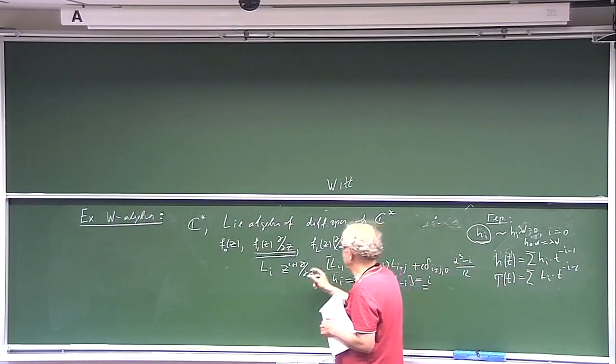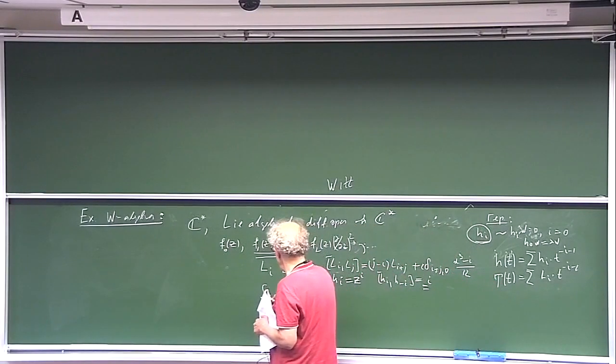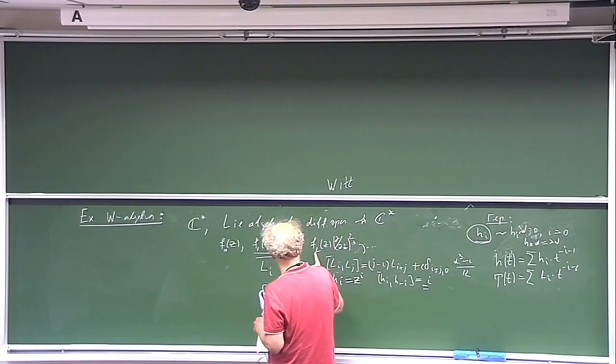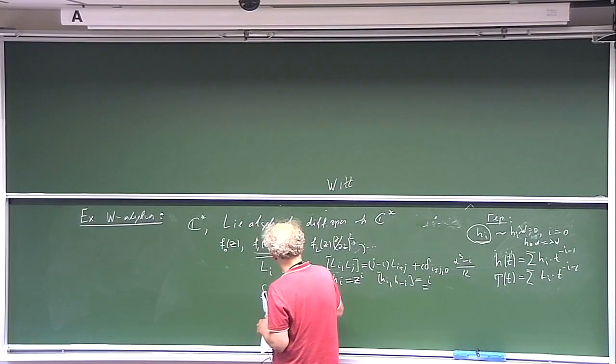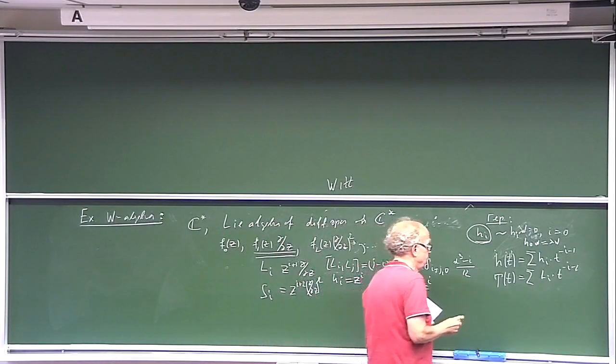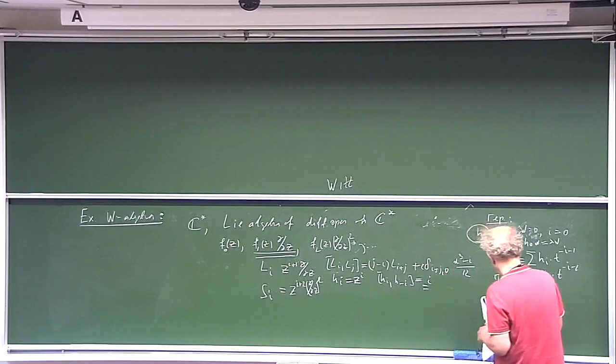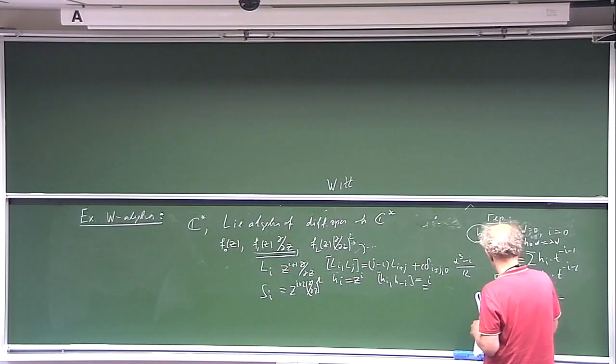And also, for example, let Si be the component corresponding to z^i plus 2 over d over dz squared, and so it is some series which is a generating function of them.